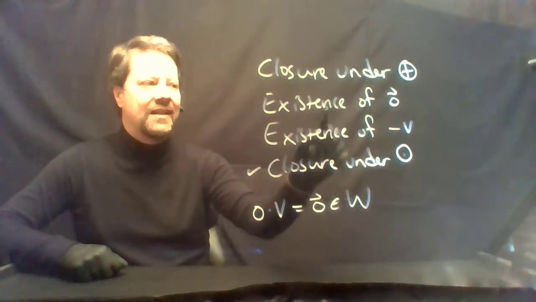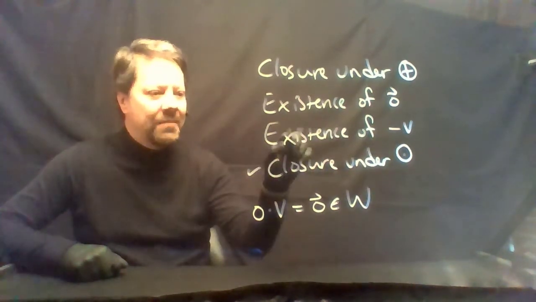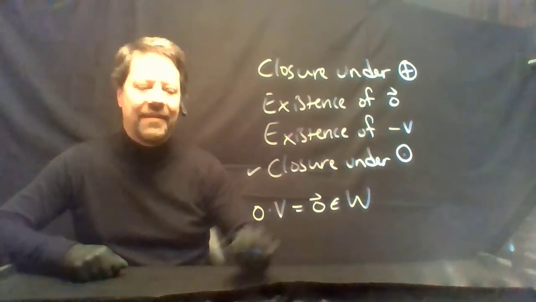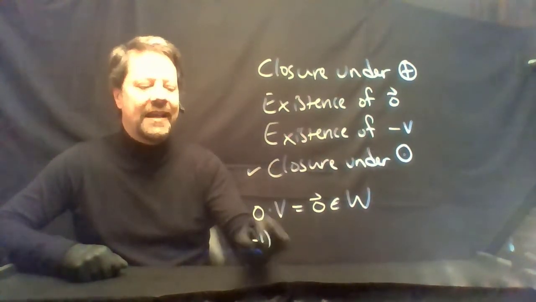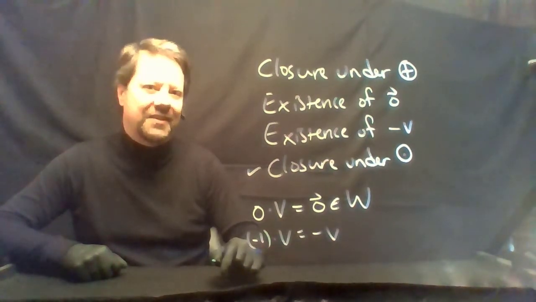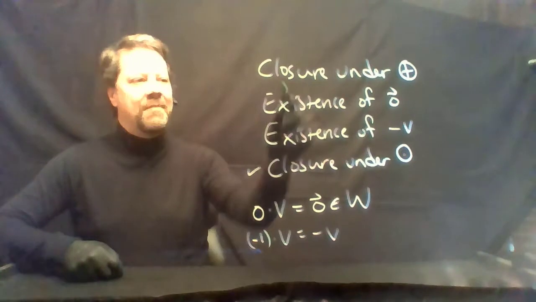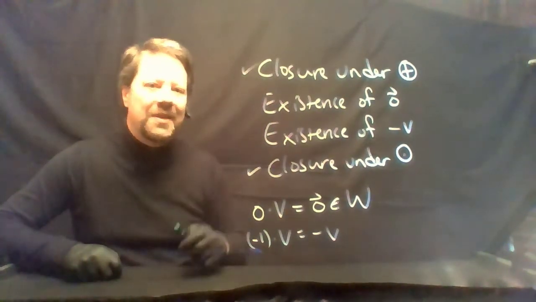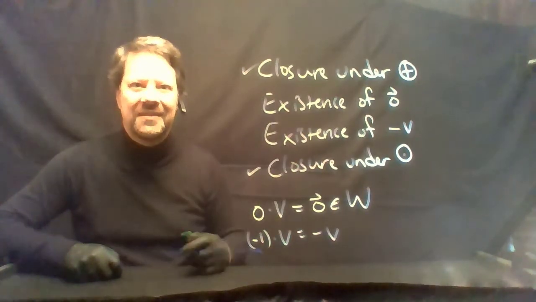Closure implies existence of 0. But closure under scalar multiplication also implies existence of additive inverses, because -1 times a vector is the additive inverse of that vector. That means you really only need to verify 2 properties to get all 4.